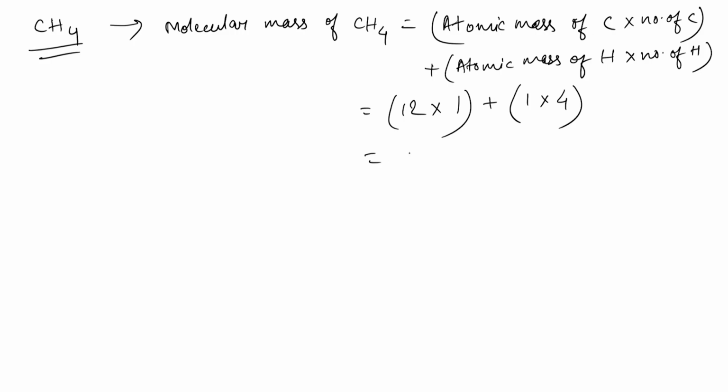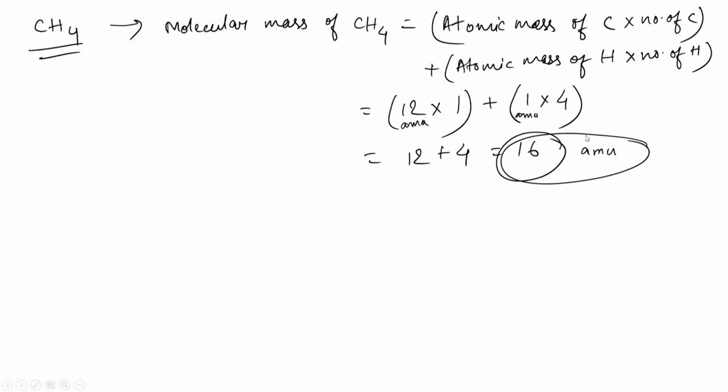So, 12 plus 4 is 16. This is the molecular mass of methane. Now, what will be the unit of molecular mass? Since the atomic mass is measured in AMU, the molecular mass will also be in AMU.